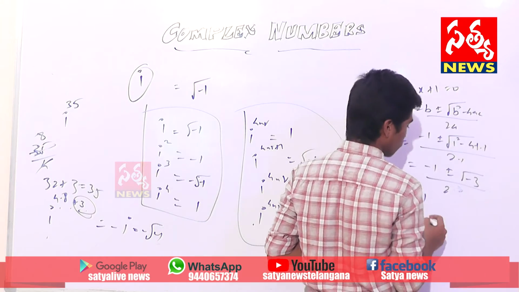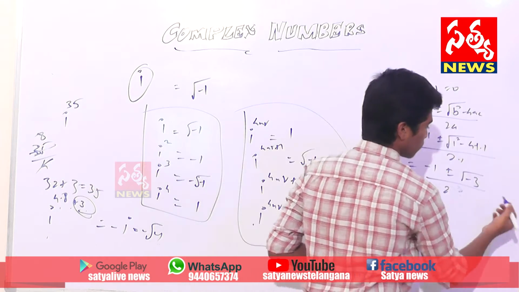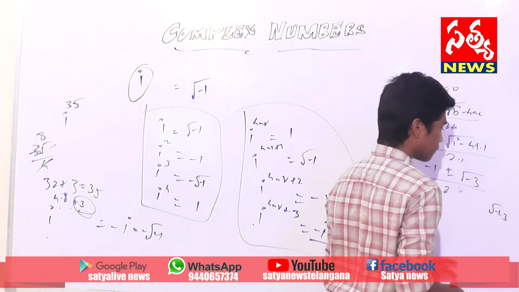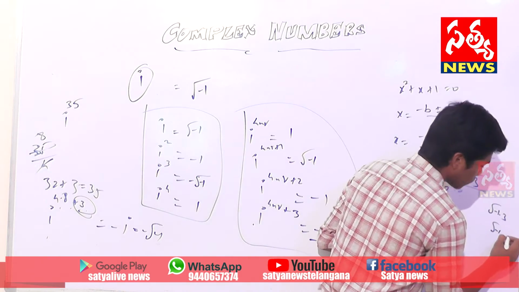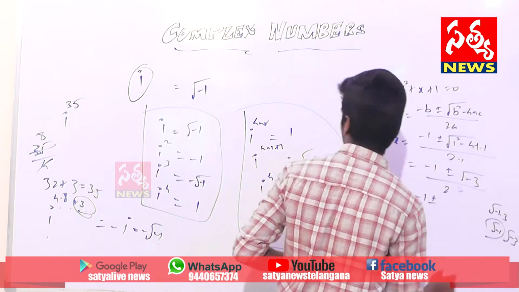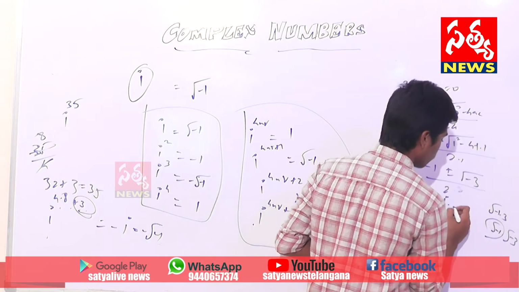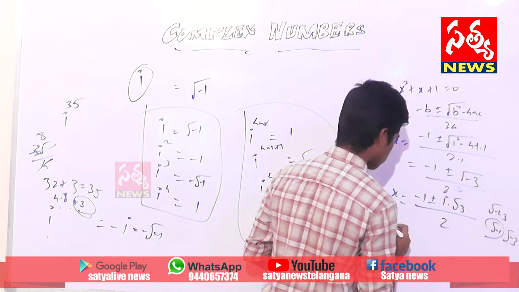So x equals minus 1 plus or minus. See here we have root of minus 3. Root of minus 3 can be written as root of minus 1 into 3, or else root minus 1 into root 3. Here root minus 1 is our i value, so i into root 3, by 2.